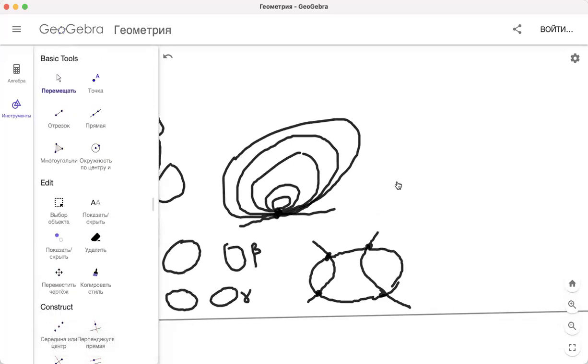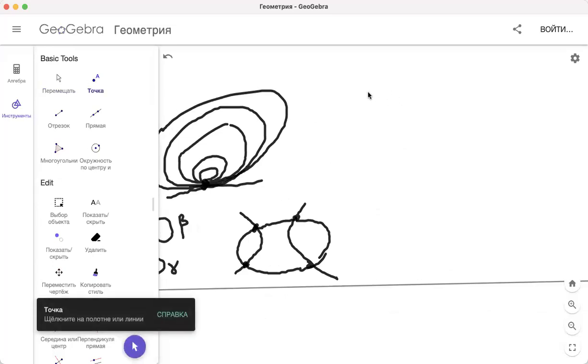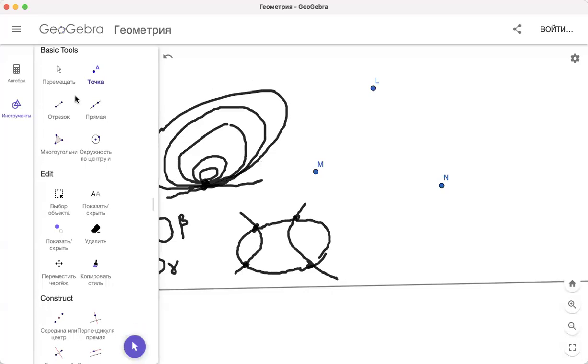the following nice example. You can take 3 points, not collinear, which form a triangle, and consider the orthocenter of this triangle, so the intersection point of altitudes. Maybe I can make a precise figure.